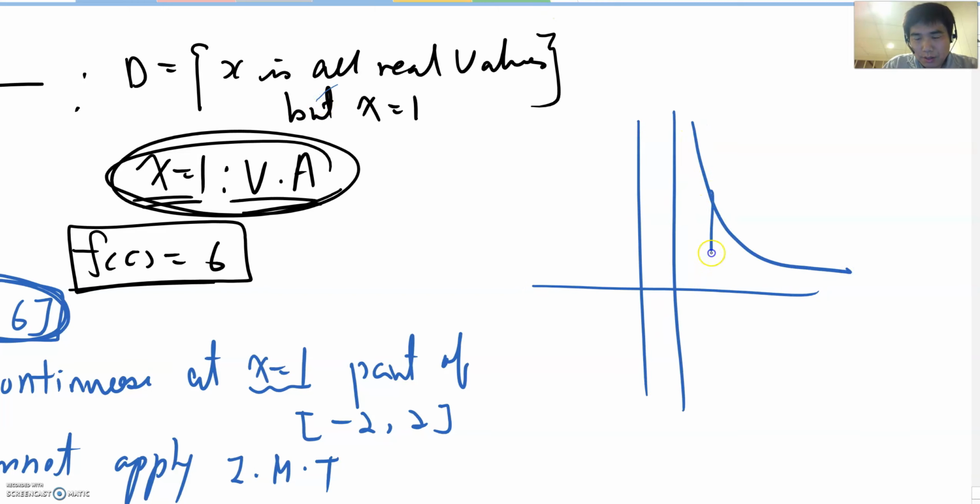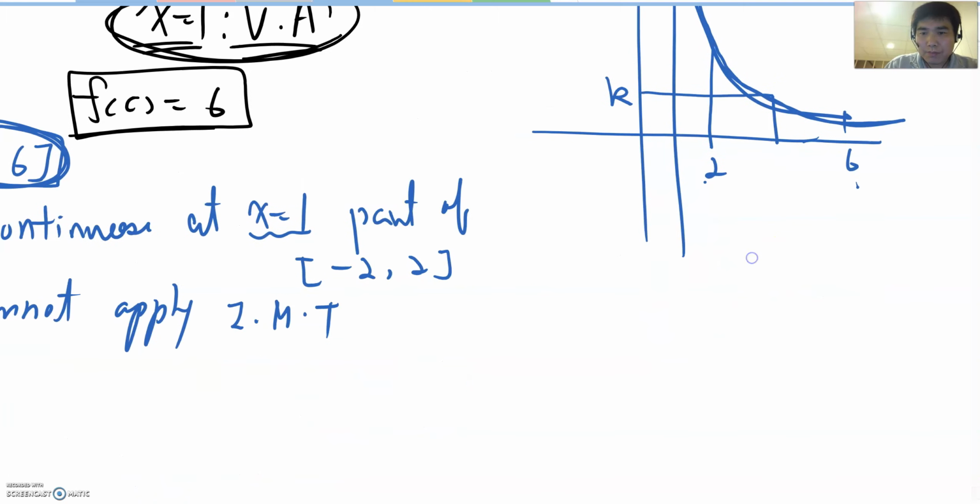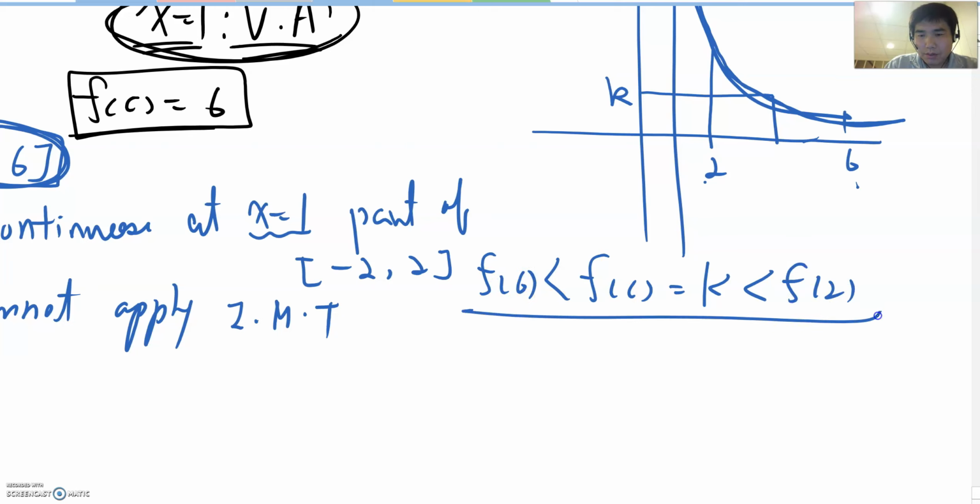Then we can say this is 2 and this is 6. As you see, between 2 and 6, the curve is continuous. And as long as there is some k located here between f(2) and f(6), then we can apply f(c) equal to k. So we can apply the intermediate value theorem.